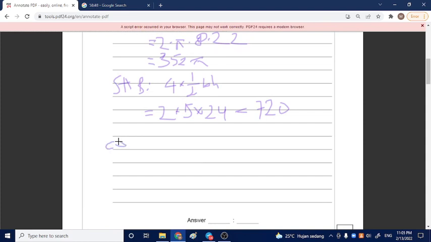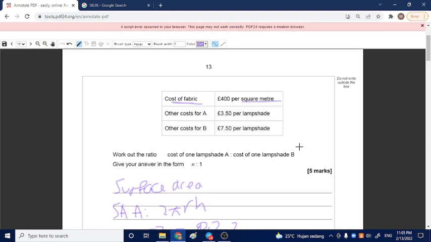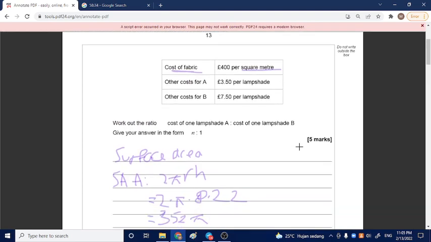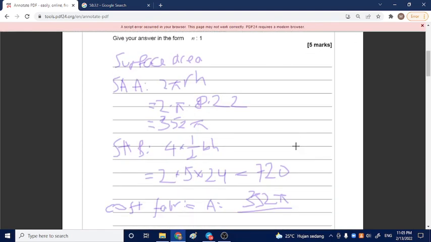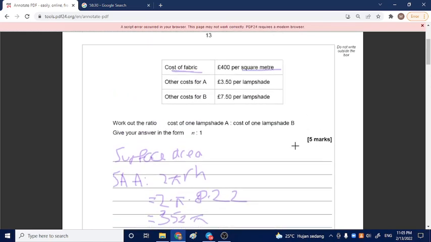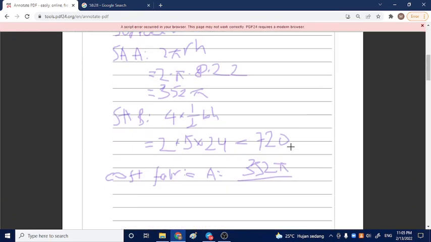So the cost of fabric A is 352 pi over cost of fabric B is 400.